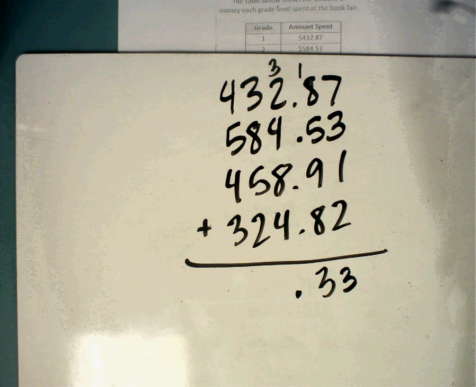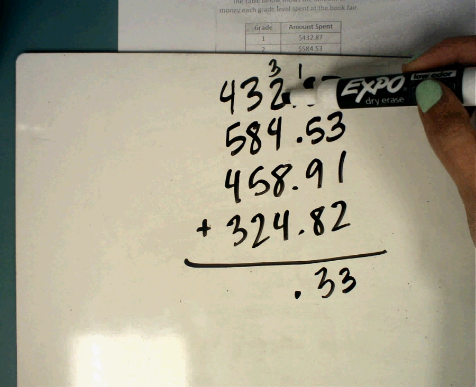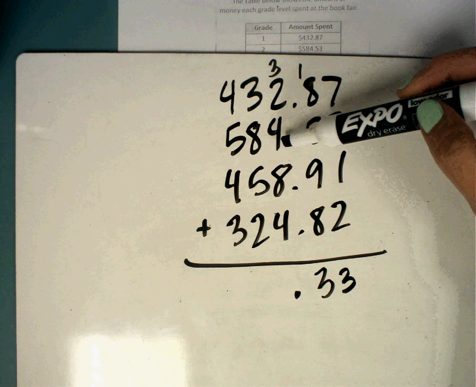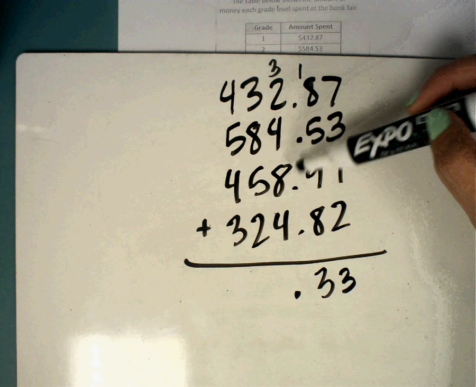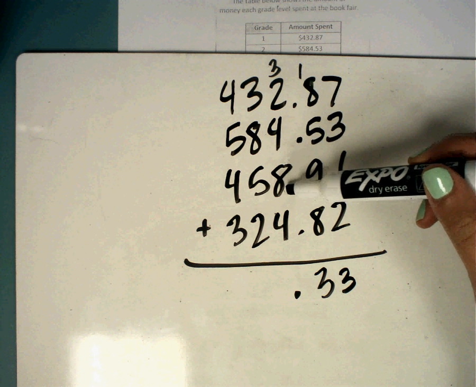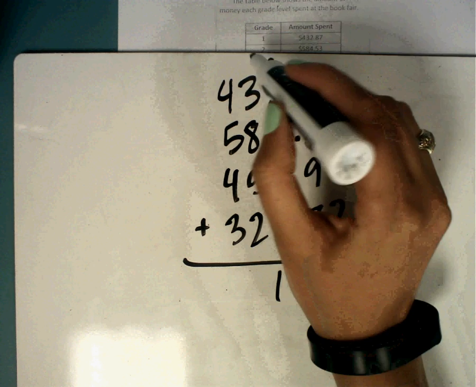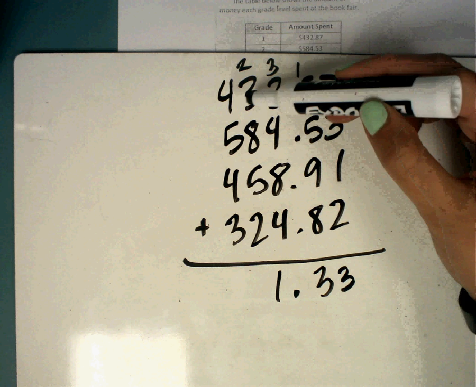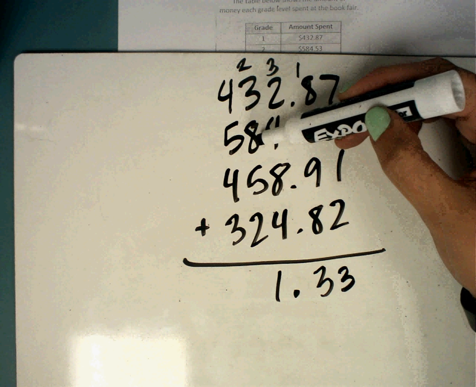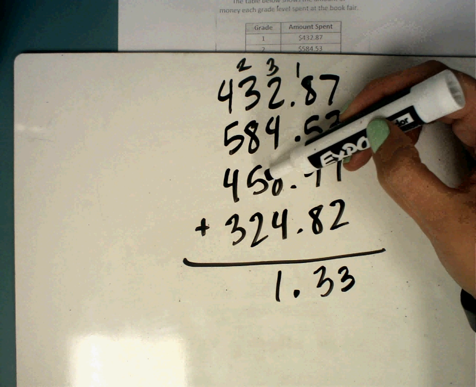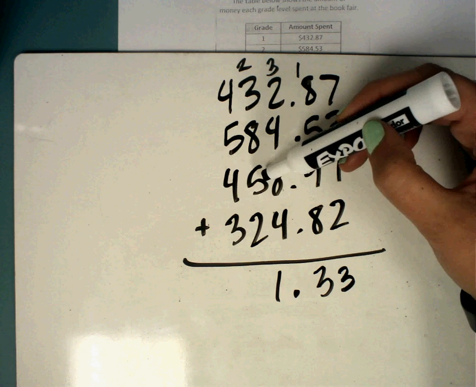3 plus 2, 5. 5 plus 4, 9. 9 plus 8, 17. 17 plus 4, 21. 2 plus 3, 5. 5 plus 8, 13. 13 plus 5, 18. 18 plus 2, 20.